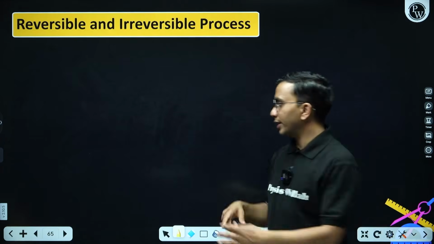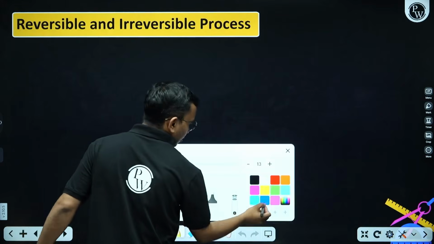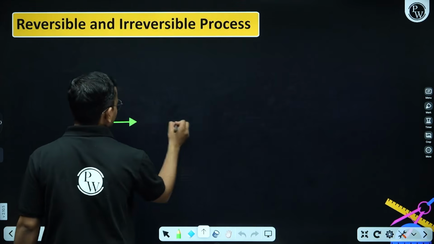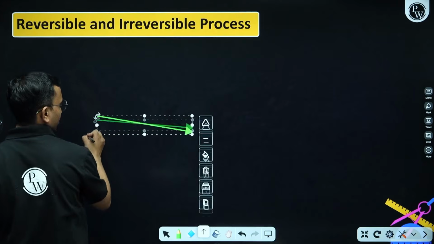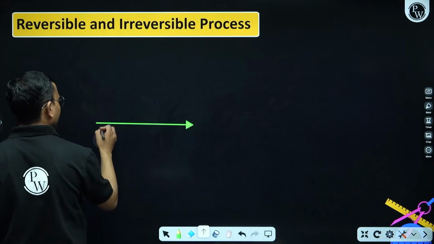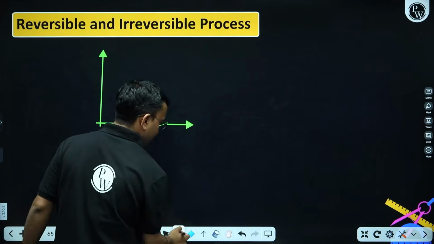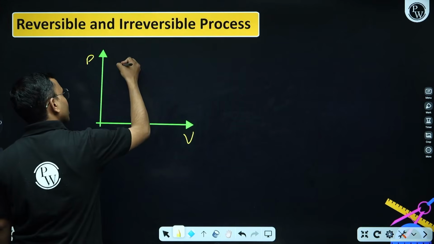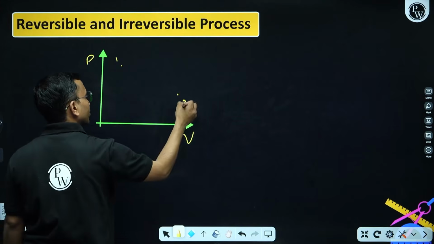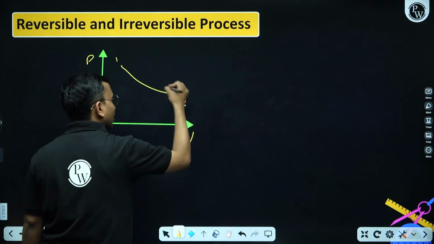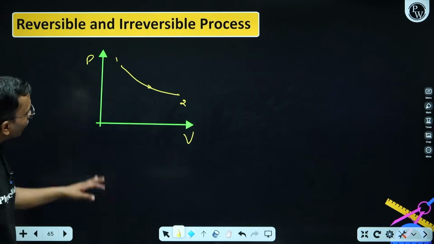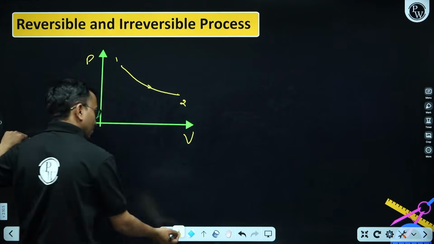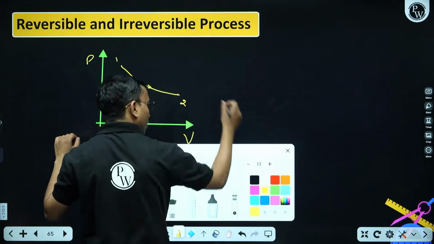Let us take this is P versus V. So some process is going from state 1 to state 2 by some path like this. Now reversible means you can exactly go back on the same path.